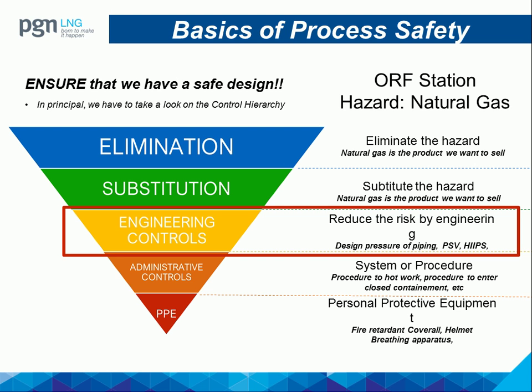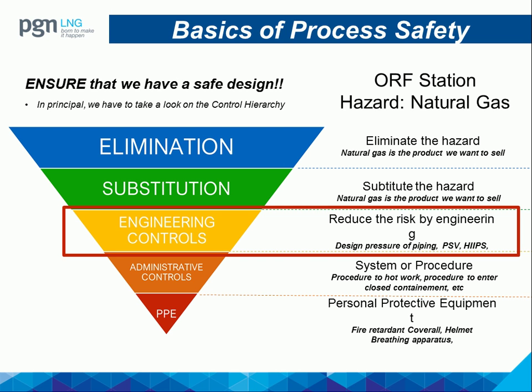In this case, the product that we would like to sell is the hazard, so we cannot substitute it with something else without any danger on the product itself. So we go to the third part of the control hierarchy, which is engineering controls.